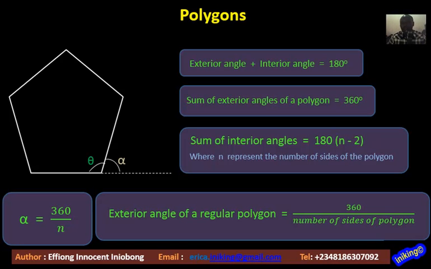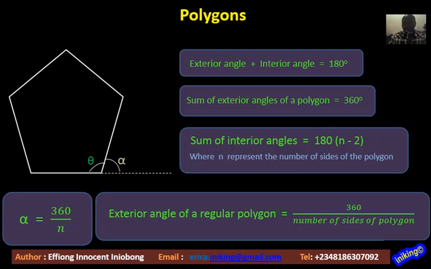We also arrived at the conclusion that the sum of the exterior angles of a polygon is equal to 360 degrees, and that to calculate the sum of the interior angles of a polygon, we simply use the expression 180 times n minus 2. And for a regular polygon, we can easily obtain each exterior angle by dividing 360 by the number of sides.